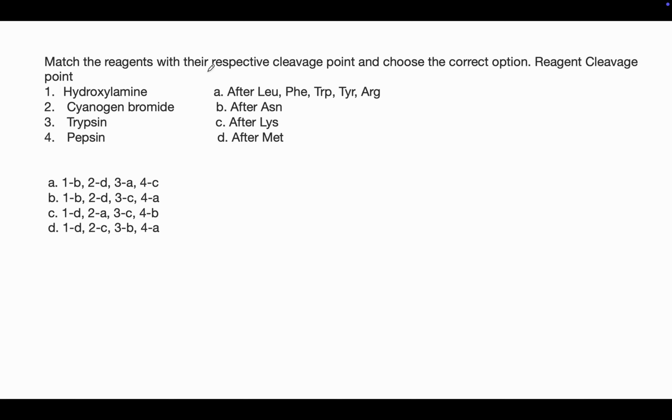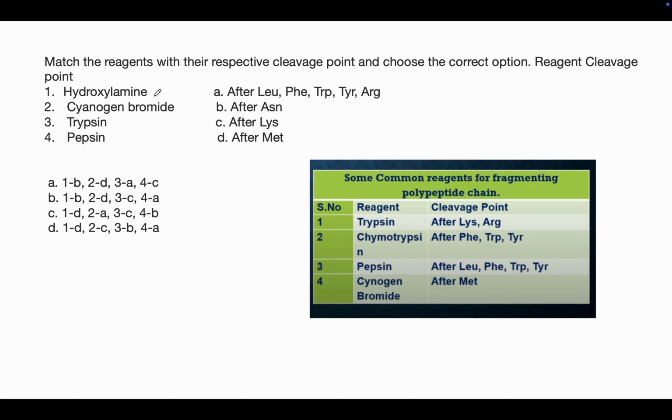Next, match the reagent with the respective cleavage point and choose the correct option. So again very simple. We have hydroxylamine, which is the tricky one. We know that cyanogen bromide will cleave after methionine. Trypsin will cleave after lysine and arginine.